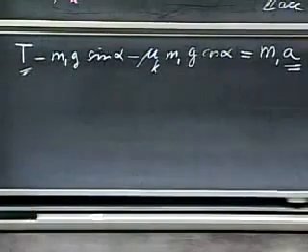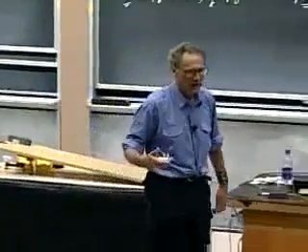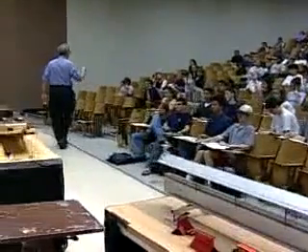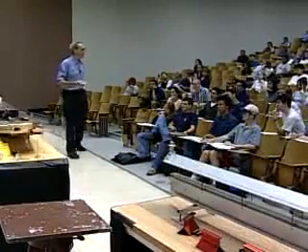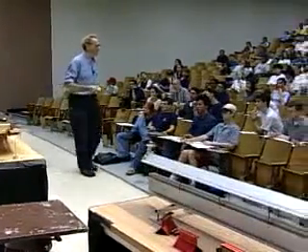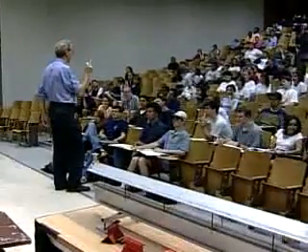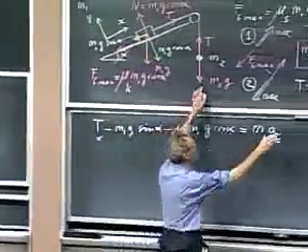Or do you know T? What is T? What is the tension? What is the tension when that thing is being accelerated uphill? Anyone has the courage to try? You think M2G. You couldn't be more wrong. It's now moving. It's being accelerated. That means this object is going to be accelerated down.